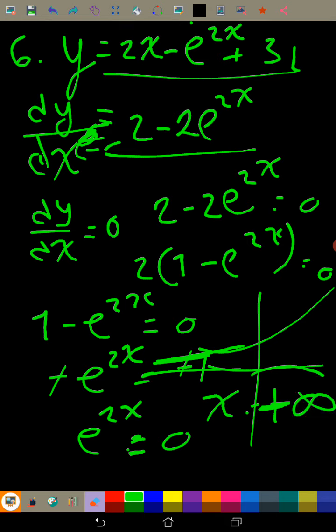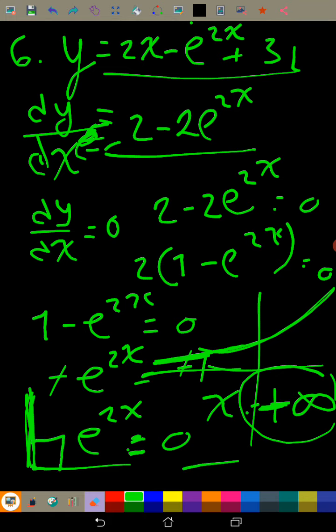No, infinity. So when you go x to infinity, the gradient is like this. So what's the gradient of a vertical line? So this is 90 degrees. When it's like this, it's 0. When it's like here, it's 0.